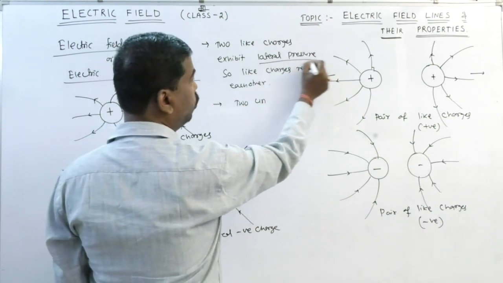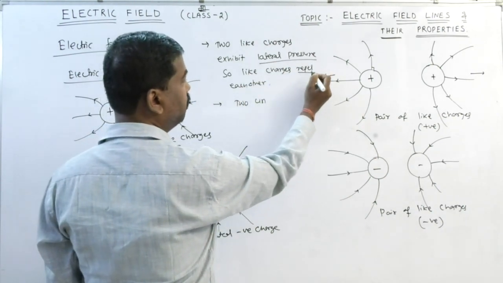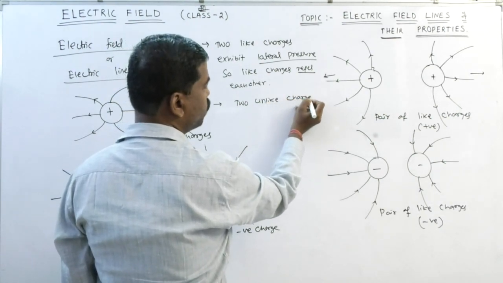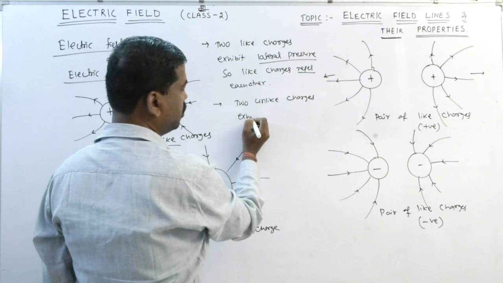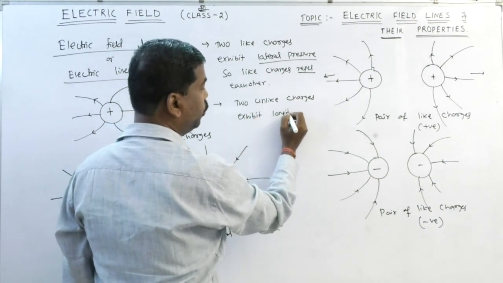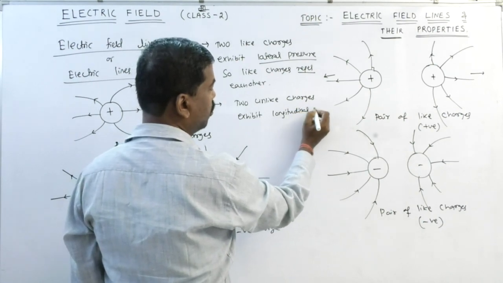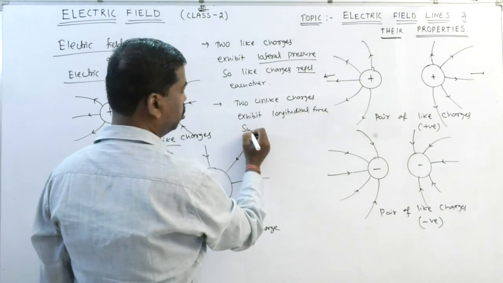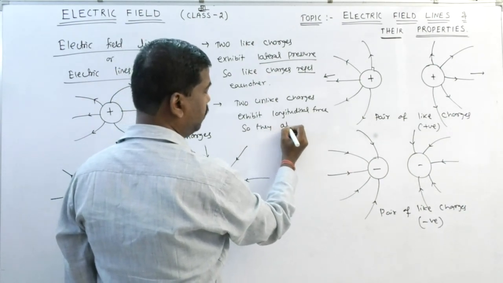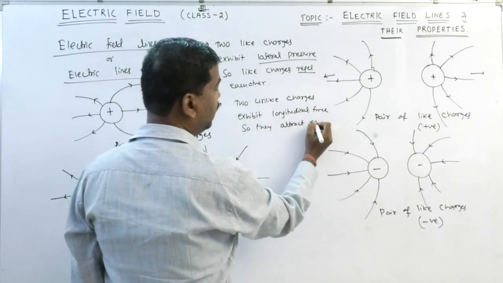For unlike charges, due to lateral pressure, they repel. Unlike charges exhibit a longitudinal force. So they attract each other.